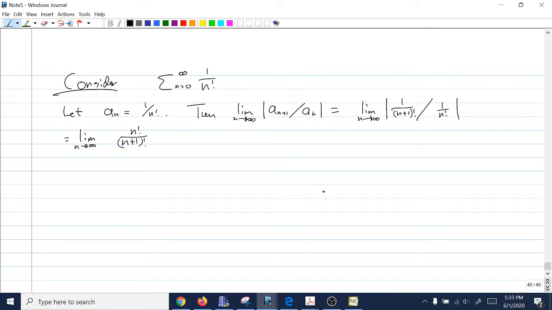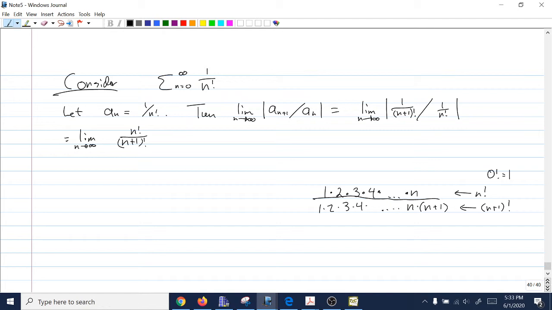If you haven't seen it, I think you should have seen it in Cal 1. N factorial is 1 times 2 times 3 times 4 times ... times n. 0 factorial is 1 if you didn't know. N plus 1 factorial is 1 times 2 times 3 times 4 times, go all the way up to n plus 1, which means the one before that was n.